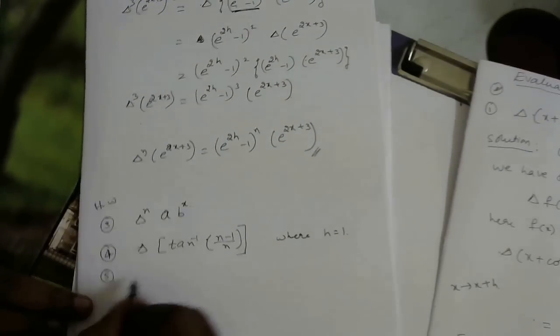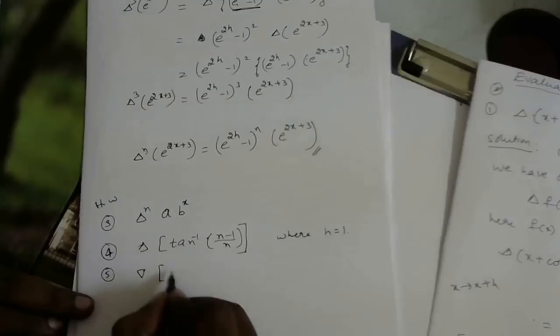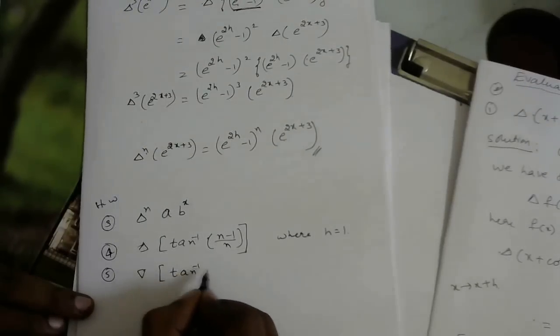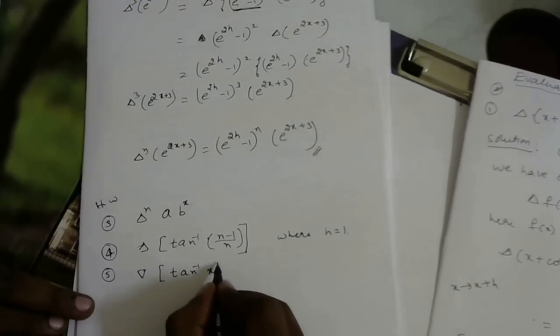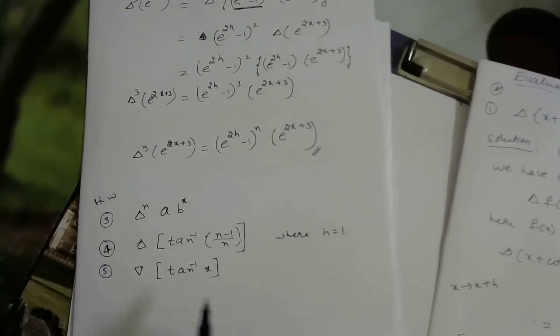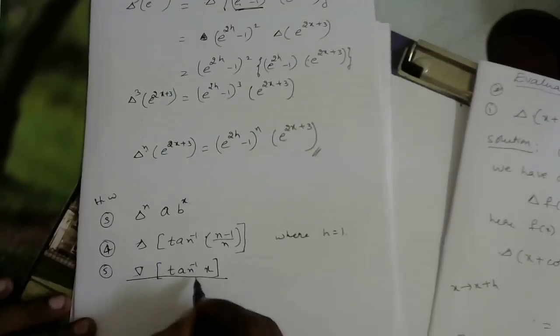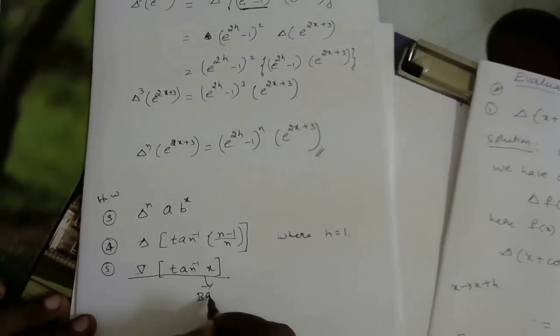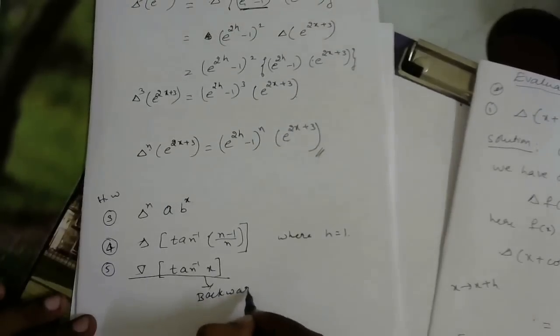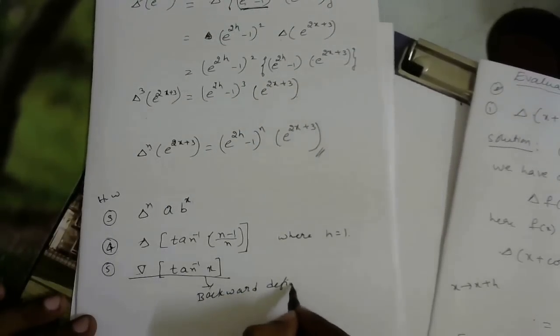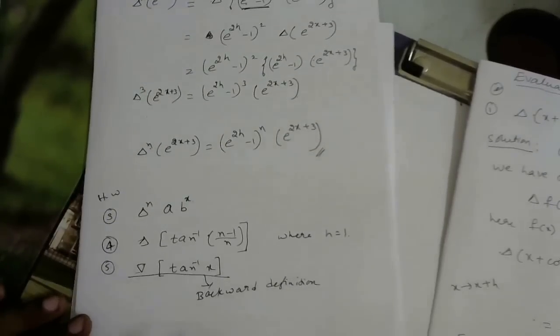And the fifth one, delta into tan inverse x. So do it for these three products. We have to use the backward definition here. Remember this.